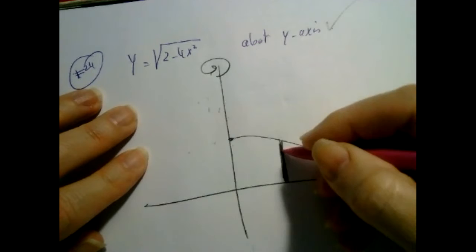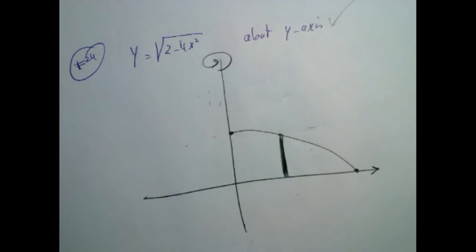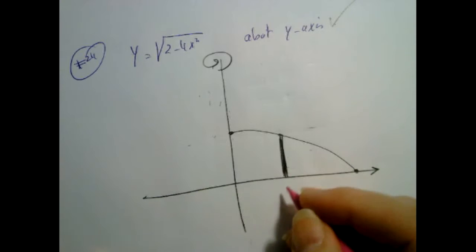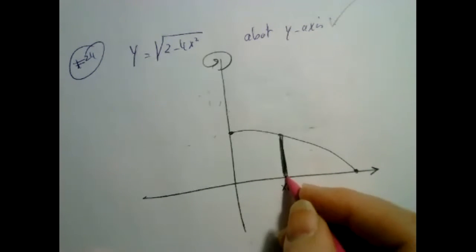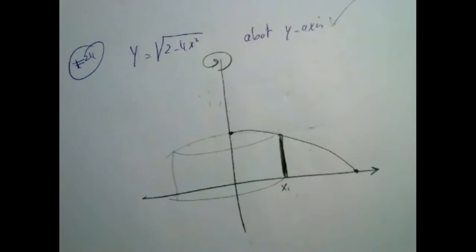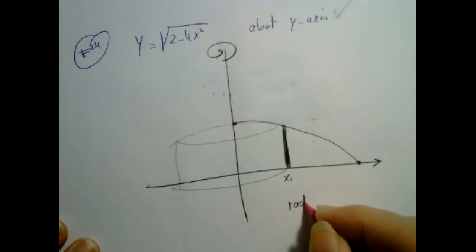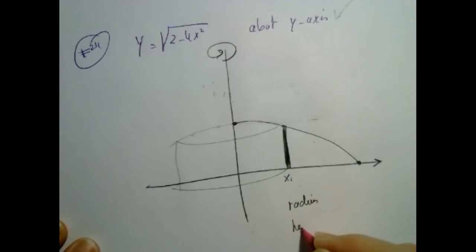It means the slices are parallel to the axis of rotation, which means they are vertical. Xi is my variable. So that's the picture, that's the basic one. All right, so I need the radius and I need the height.